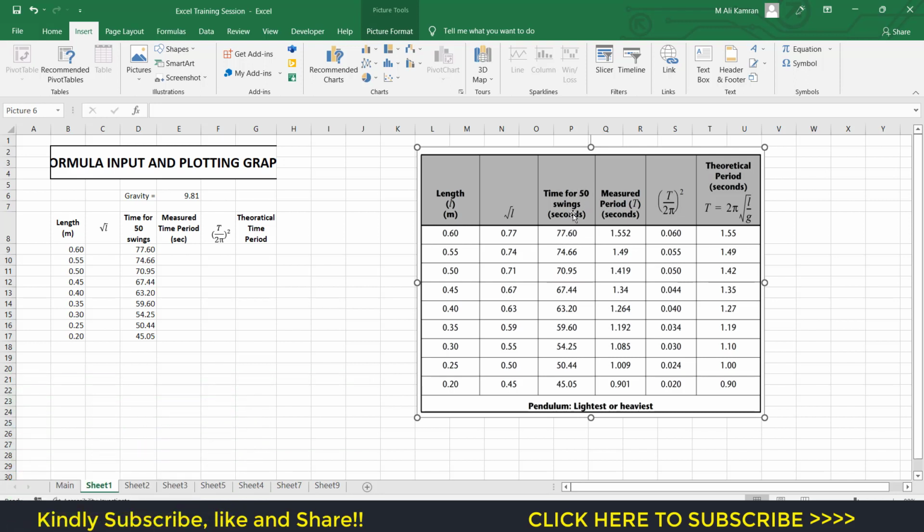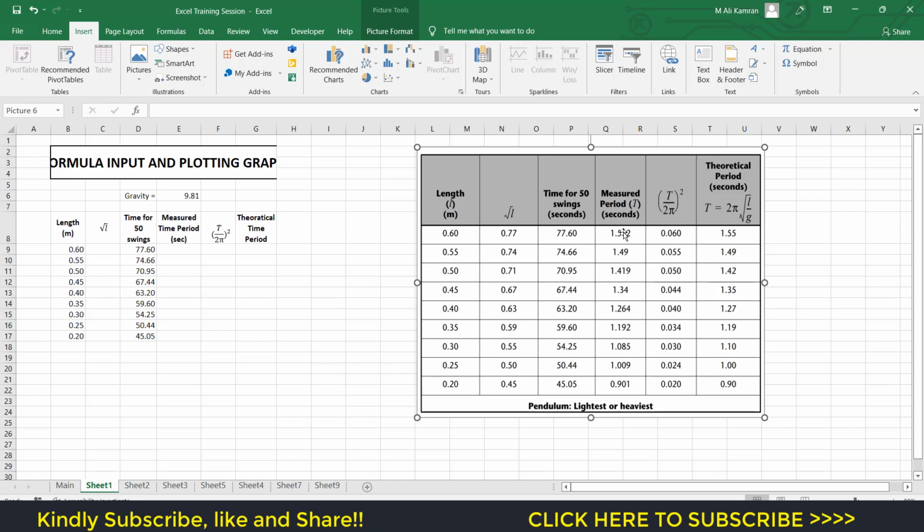If we had recorded this value for 10 vibrations or 10 swings, then we would divide this value by 10. Since this data is given for 50 swings, we will divide this value by 50. So we will get all this data. Then we will find all the values for T divided by 2 pi, whole squared.